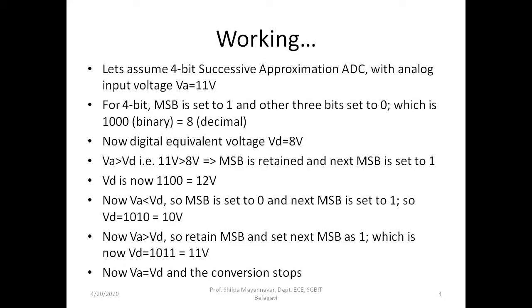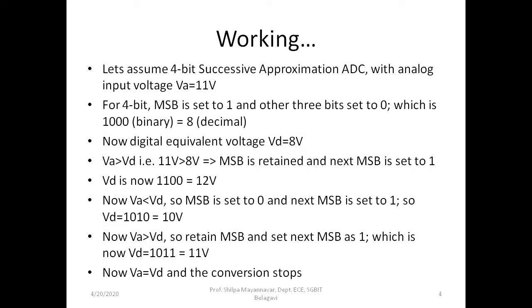Again VA is compared with VD. VA is 11 volts, VD is 10 volts. So VA is greater than VD. So the MSB is retained as 1 and the last bit is set to 1. So the new value of VD is now 1011. Earlier it was 1010.